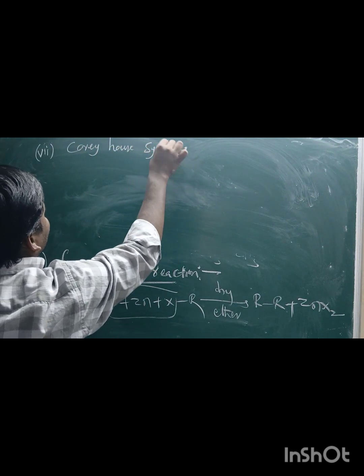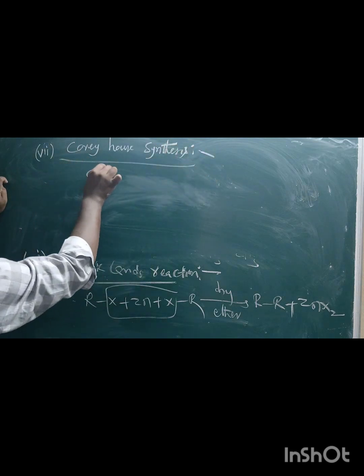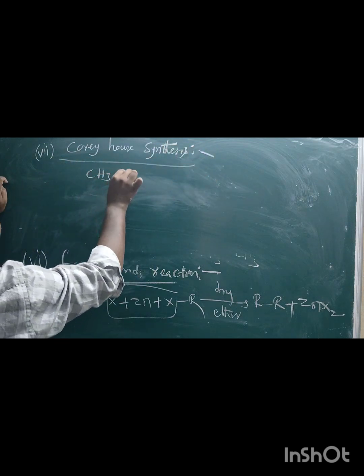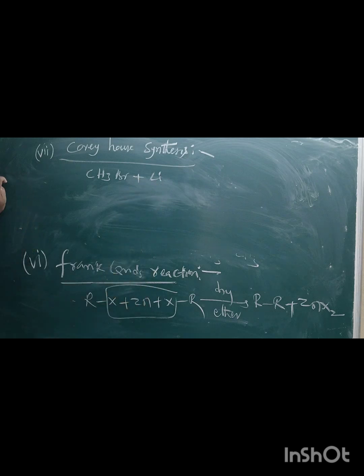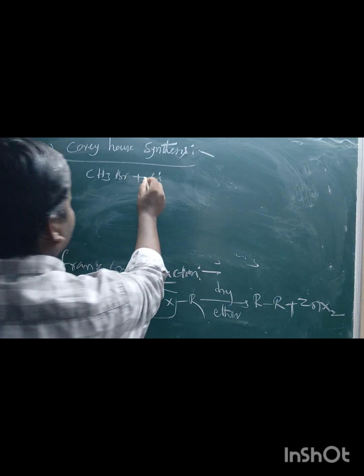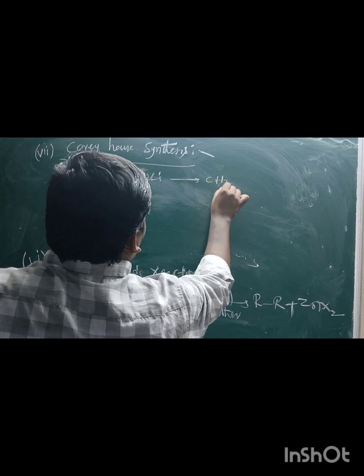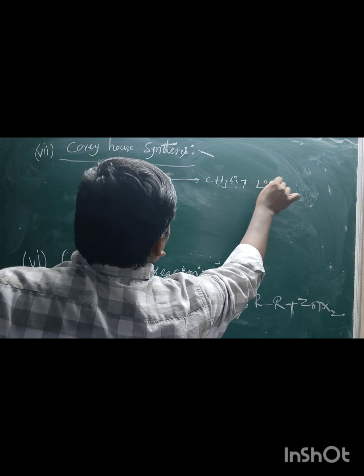What is the Corey-House synthesis, sir? When alkyl bromide reacts with lithium metal in the presence of dry ether, it forms methyl lithium plus lithium bromide.